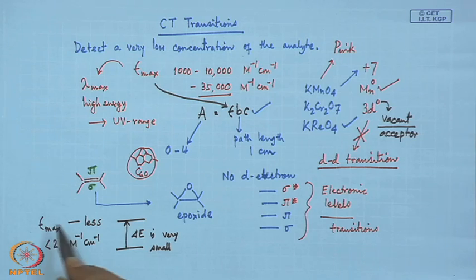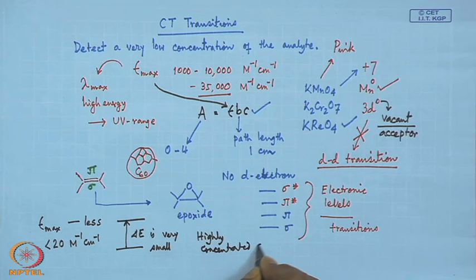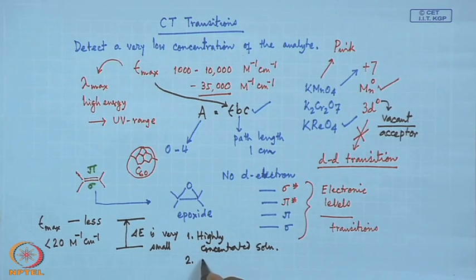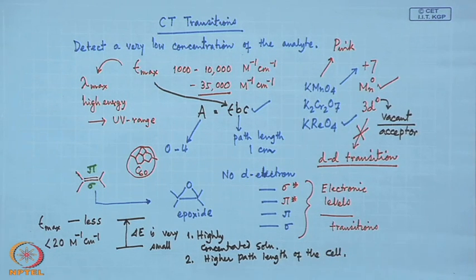Sometimes we cannot detect it also, and for good detection we need a highly concentrated solution and sometimes a higher path length of the cell. So these are the two things with which we can nicely detect a very weak dd transition, which can be measured using a spectrophotometer with a solution of high strength.